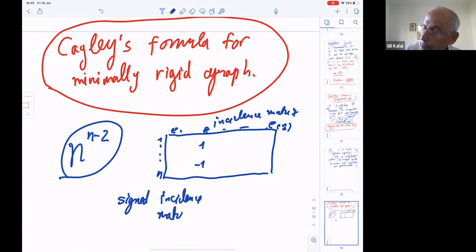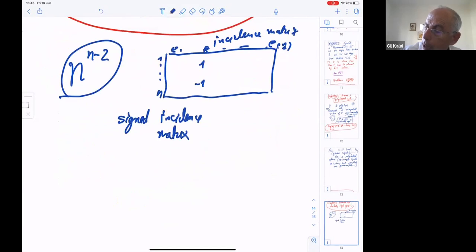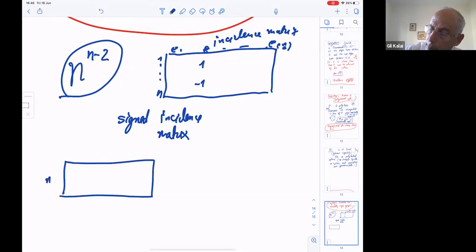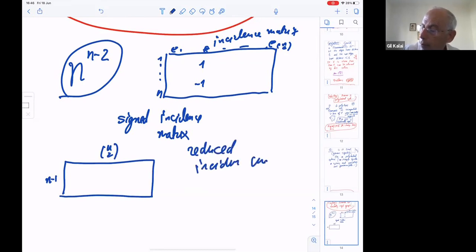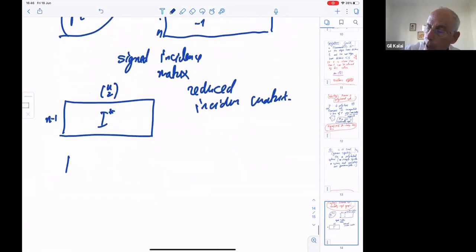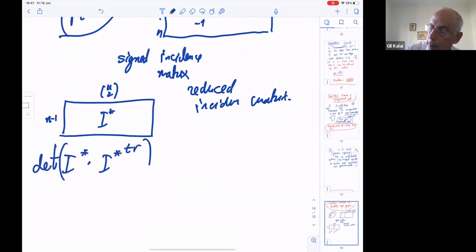It has rank n minus 1, and therefore we delete one row, and we get an n minus 1 by n choose 2 matrix, which we can call the reduced incidence matrix. Let's call it I star. And then we look at I star times I star transpose and look at the determinant.